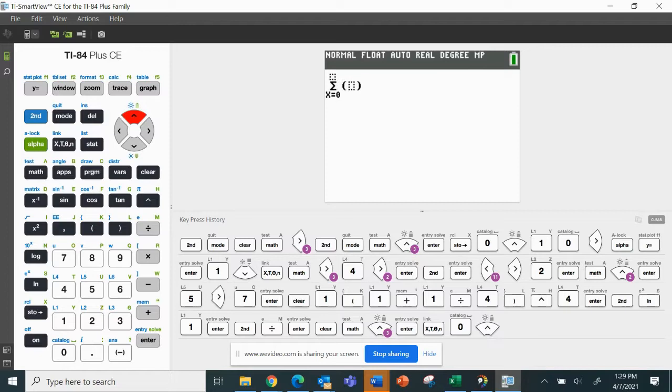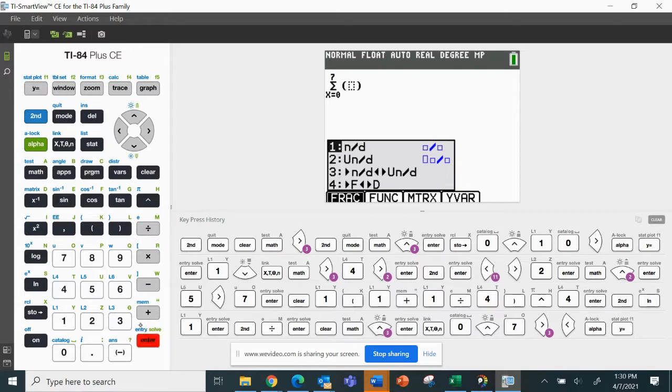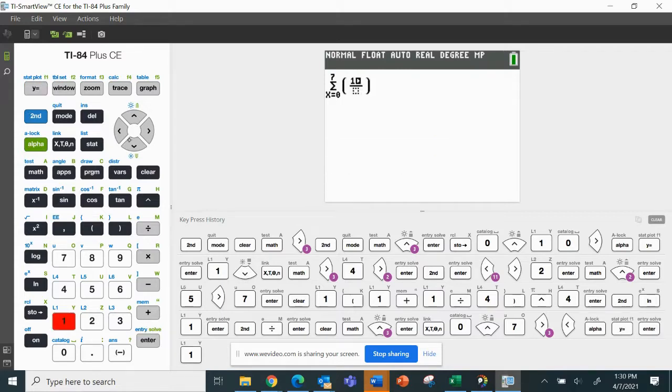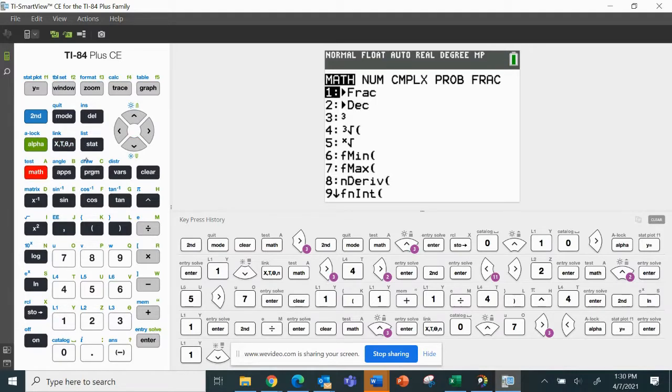I go up to the top, and I said I was going to stop at 7. In here, I'm going to make that a fraction. So just remember alpha y equals, enter, 1 over, and it's going to be X, and then factorial. Factorial is under math, probability, number 4.